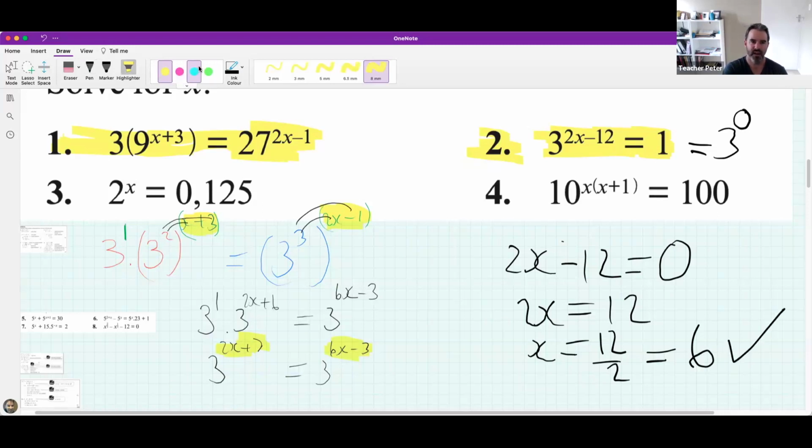Okay. Let's do one more from this exercise. I want you to solve question 4. Find the value of x for this exponential equation. Use all the ideas that you've learned so far and see if you can do this one.